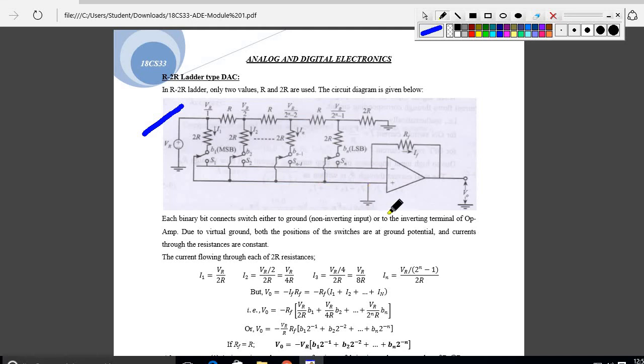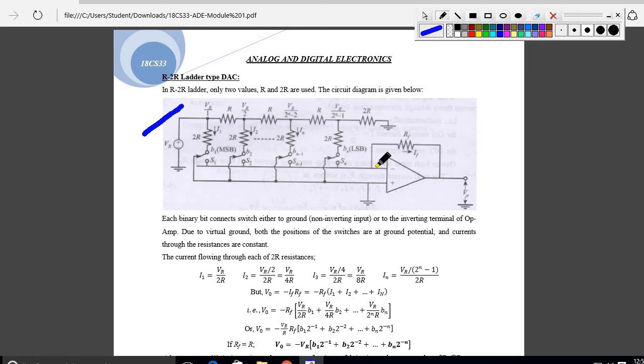This is what it means: due to the virtual ground, both positions of the switches are at ground potential and the currents through the resistances are constant. The positive terminal is connected to ground, and the negative terminal is not physically connected to ground, but virtually it is grounded.